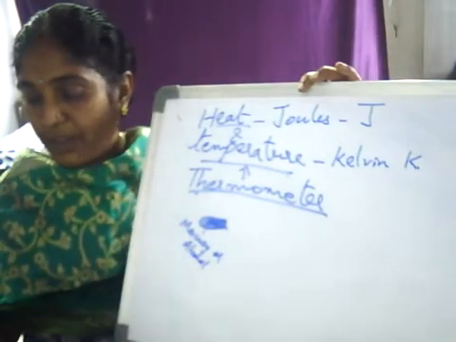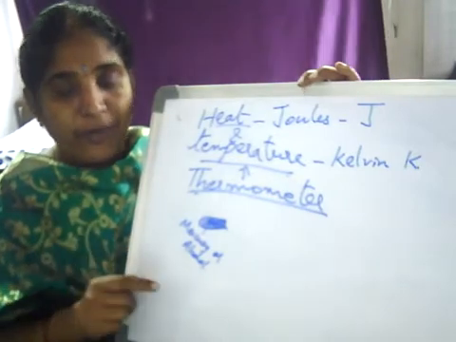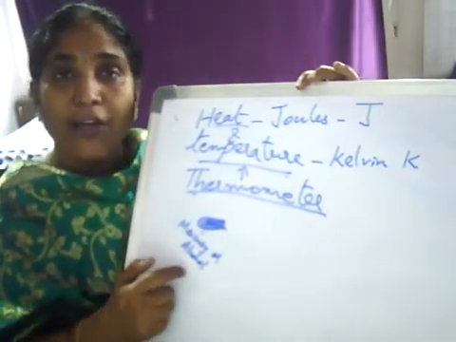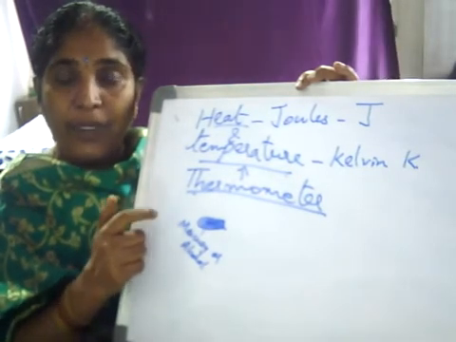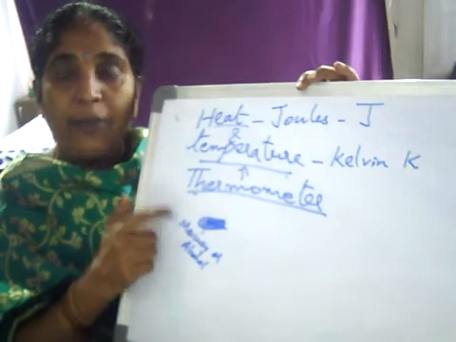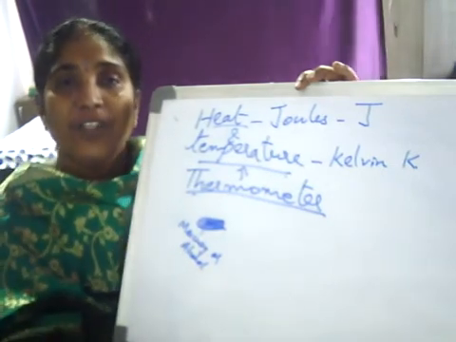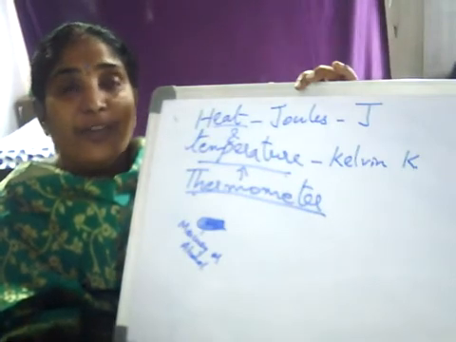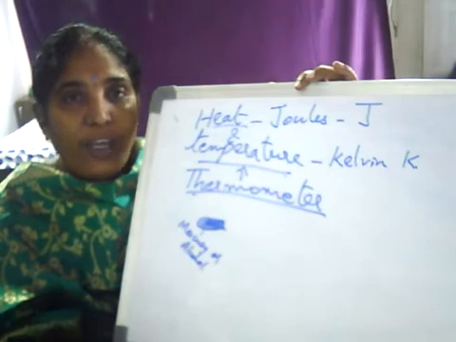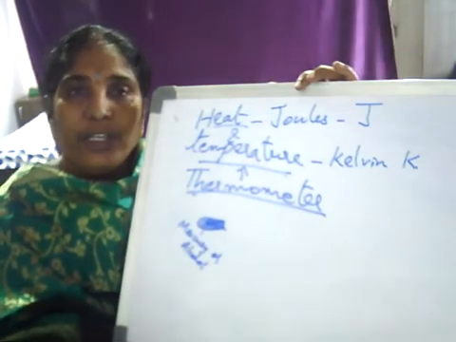Now you may have a doubt. Why is it filled with mercury or alcohol? First we'll discuss mercury. Why is it filled with mercury? Because mercury can stay in a liquid state at high temperatures also. So that is the main reason why we fill the bulb of the thermometer with mercury.